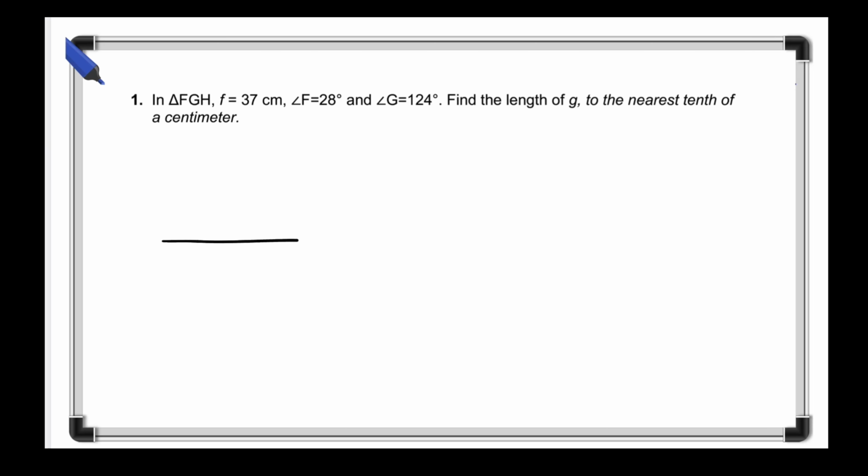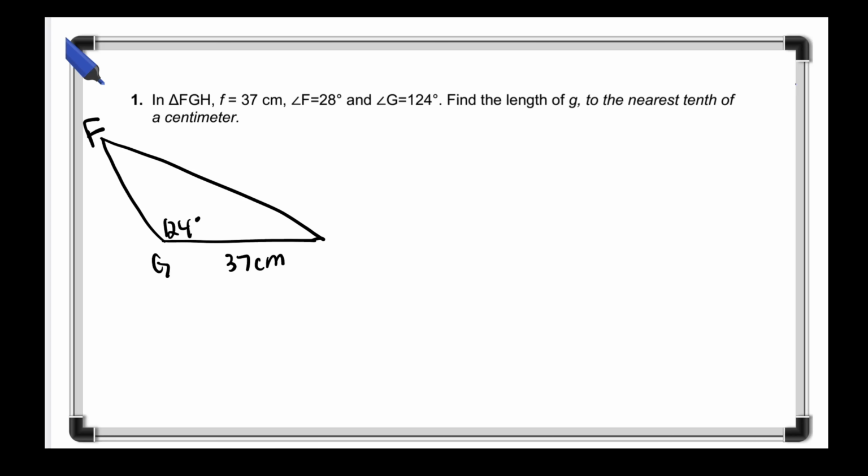So let's go ahead and say that angle G is going to be 124 degrees. We can say that side F is 37 centimeters. That means angle F has to be here because that's the side that's opposite.